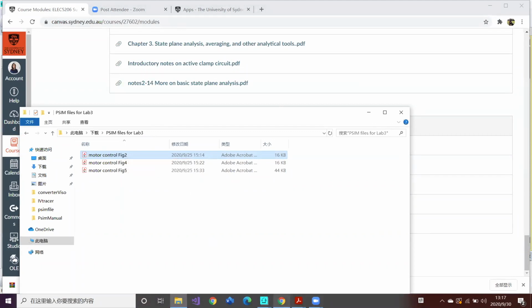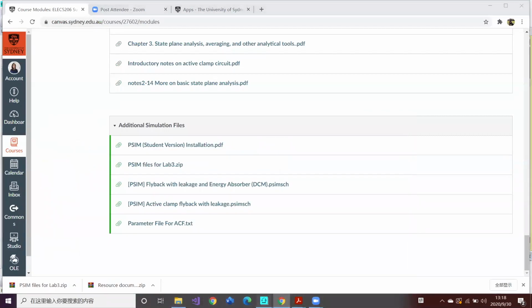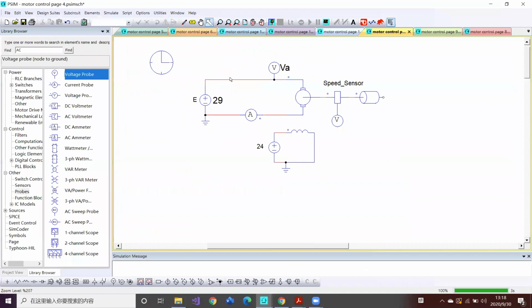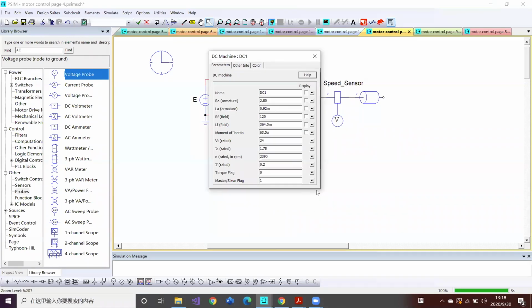When you open this model in PSIM, first of all, you will change the DC motor parameters to the parameters provided in your lab notes, which are in figure 3.